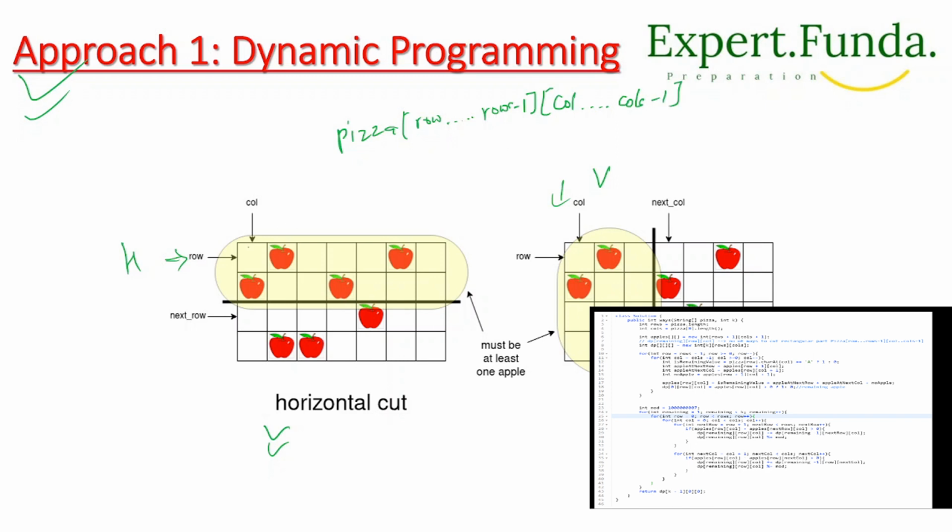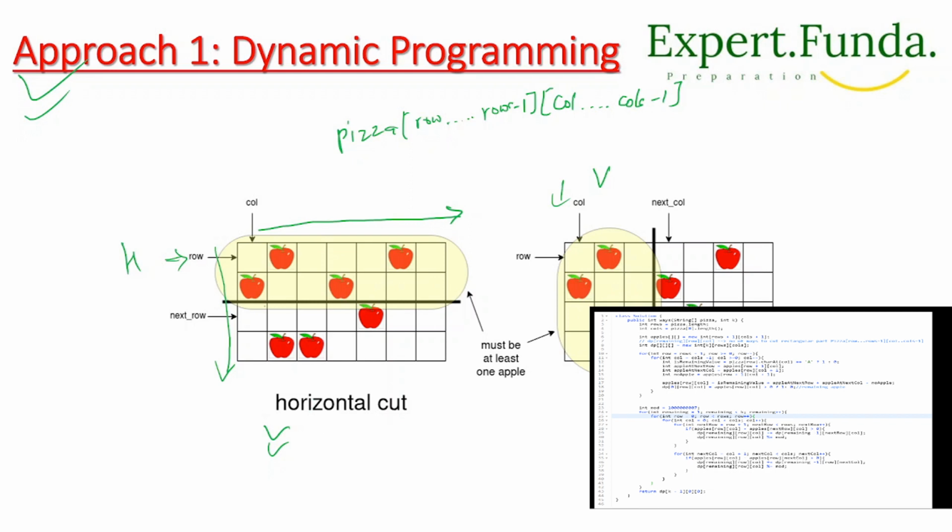See here, we are starting the row here, so we can move in this direction, like this. And if we have the column, the column will move in this direction. In both examples, either you see the vertical cut or the horizontal cut, you have to move like that only, okay?